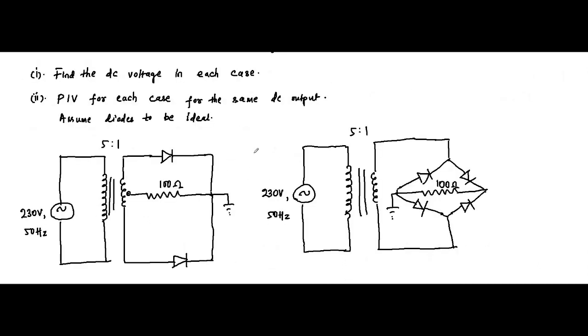So we have to design the rectifiers in such a way, both center tap and bridge type, such that it gives the same DC output, and we have to determine the peak inverse voltage. And it has been asked to assume that the diodes are ideal, that is no cut-in voltage, no forward resistance.